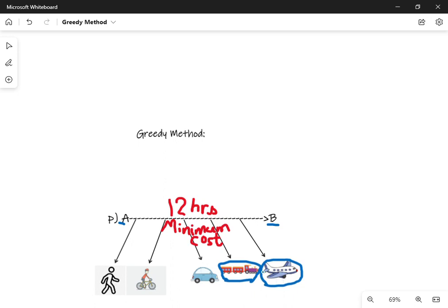A solution which is suitable for our given condition is known as a feasible solution. So these are our feasible solutions.